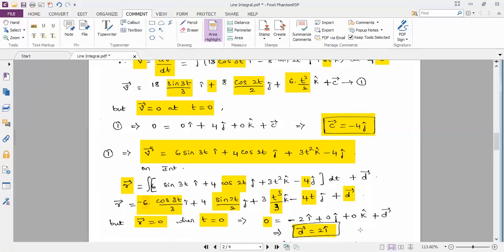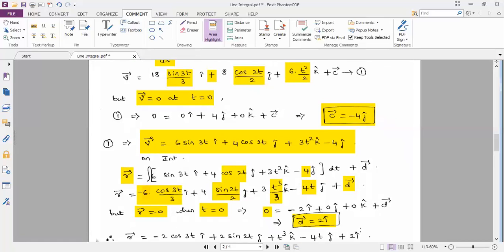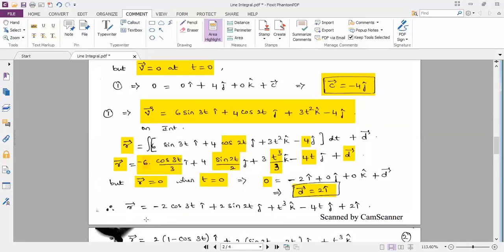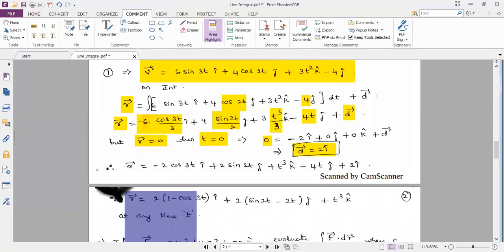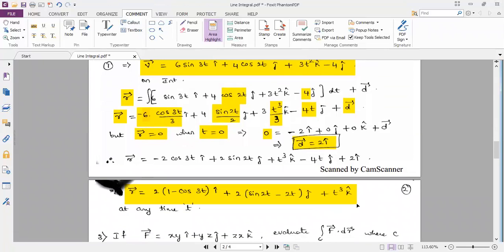Substituting d in the position vector expression, we obtain the vector r at any time t. So this is the expression for vector r at any time t after grouping the terms of the i component and the j component.